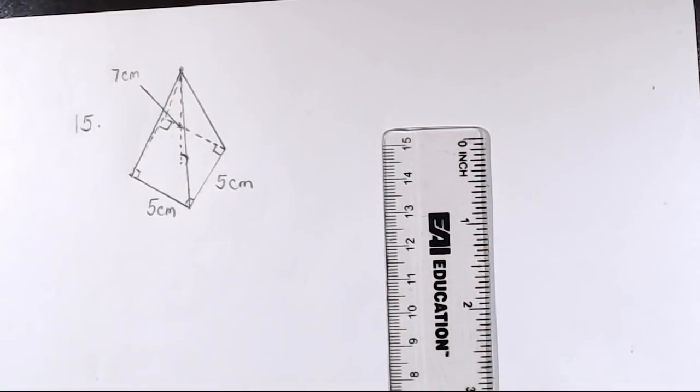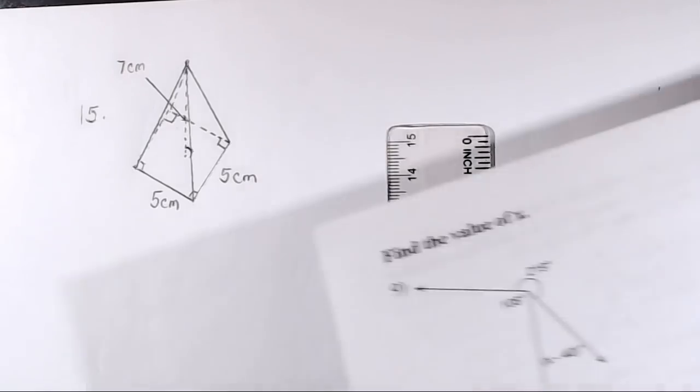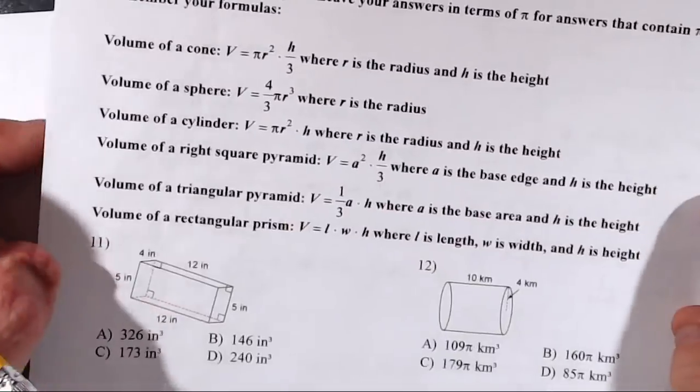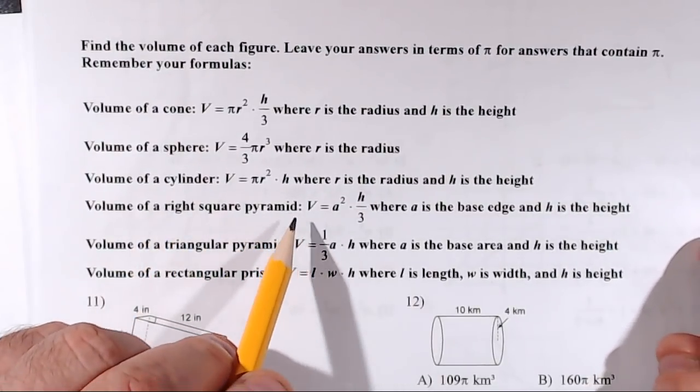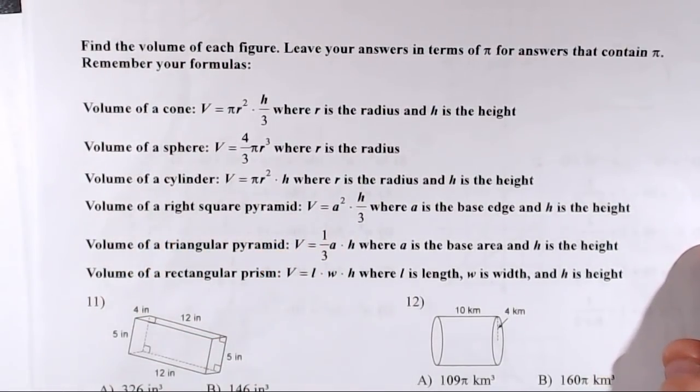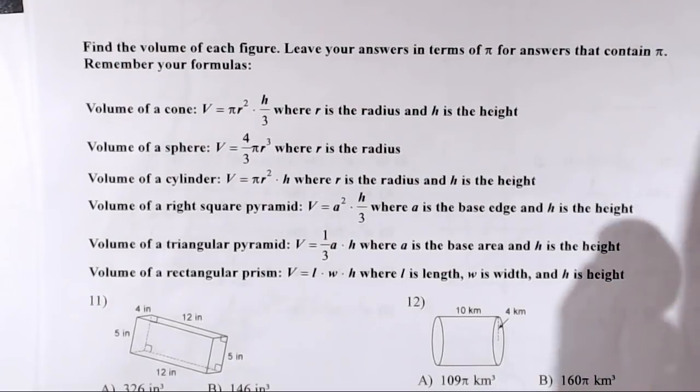Okay, so how do we find the volume of a square-based pyramid? Okay, so this is a right square pyramid. So the volume equals a squared times h over 3, where a is the base edge and h is the height.